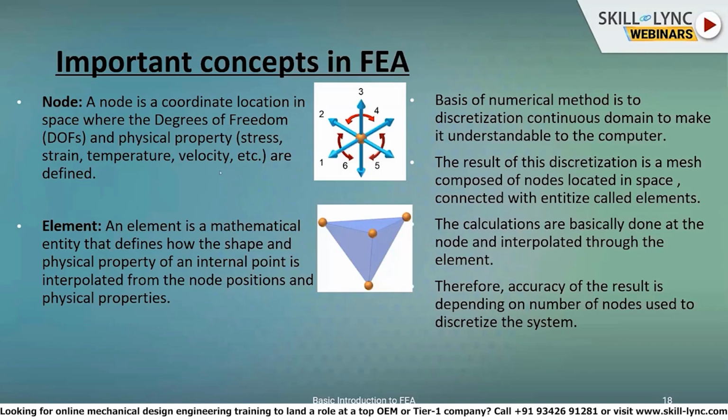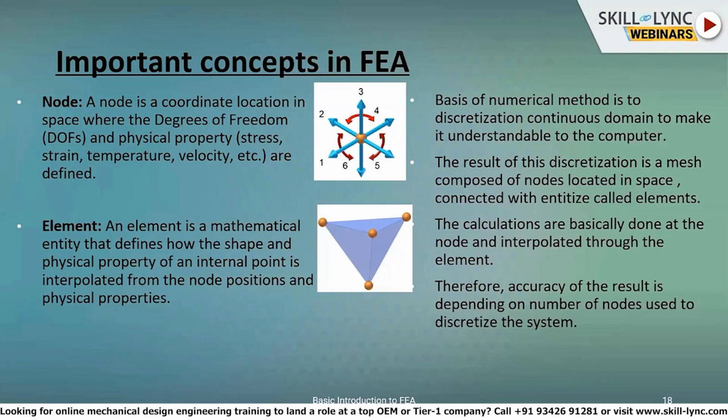It means that if you have any point, you need some coordinates or an xy system to define that point in space. So for a point, you will have two degrees of freedom, that is x and y. If you consider a line, you will have x and y coordinates, and along with that, you also have to specify the angle for that line.